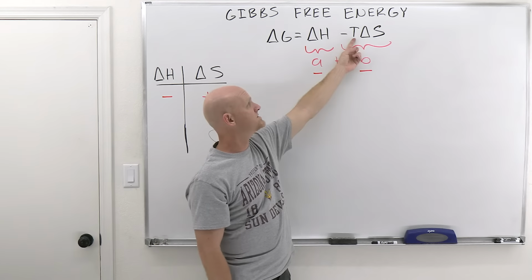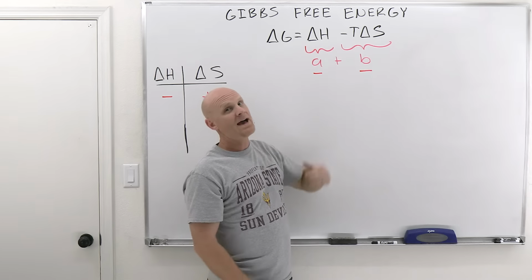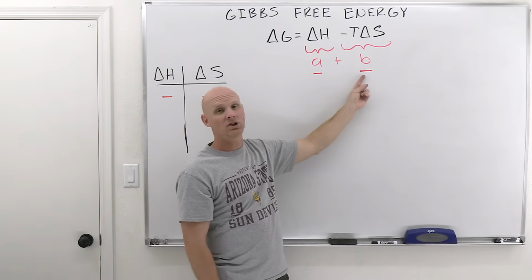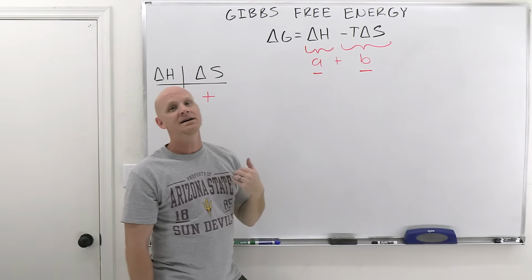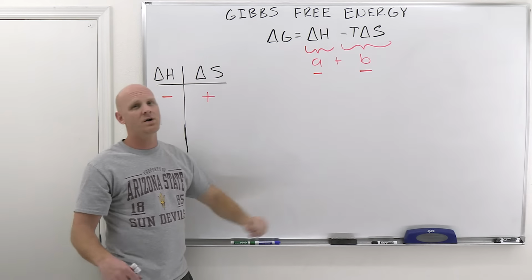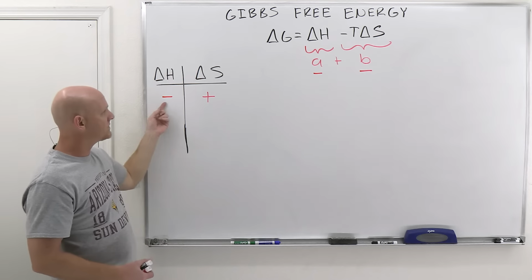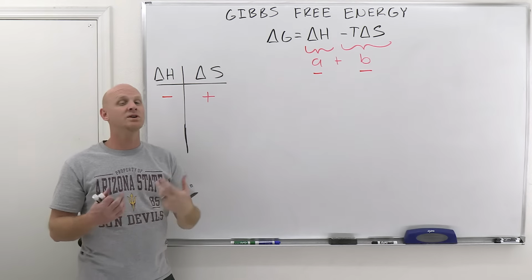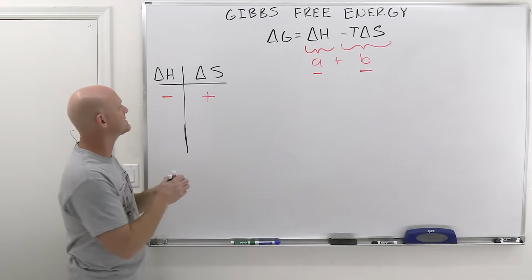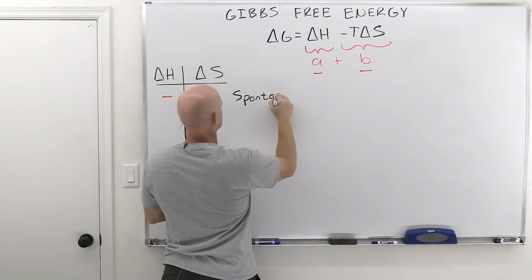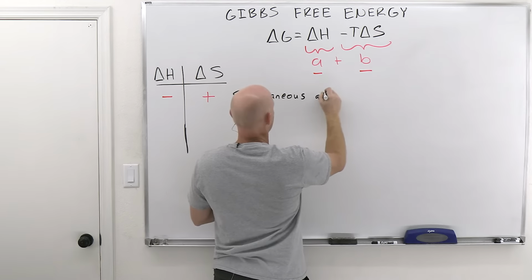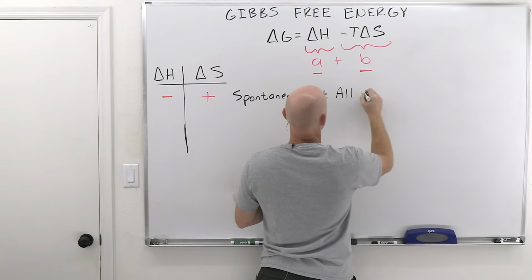Now it turns out at low temperatures, this would be a small negative number, and at higher temperatures, this ends up being a large negative number, but it's a negative number either way, and a negative plus a negative is going to be negative, period, no matter what temperature we talk about. And so when delta H is negative and delta S is positive, when you give the universe both of the things it wants, that reaction is going to be spontaneous, we say, at all temperatures.